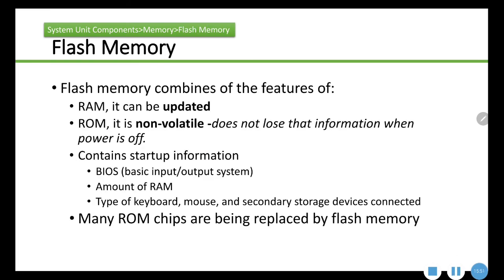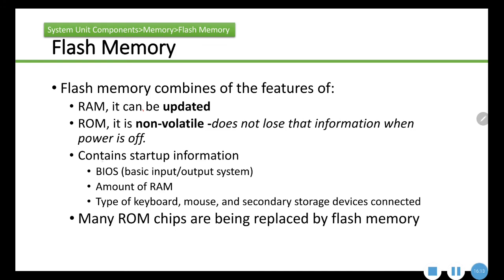And then flash memory combines the features of RAM and ROM. It can be updated because it is flash memory. RAM can be updated, but ROM cannot be updated. But flash memory is non-volatile. It doesn't lose the information when the power is off.